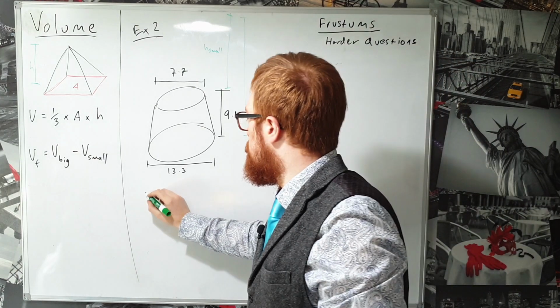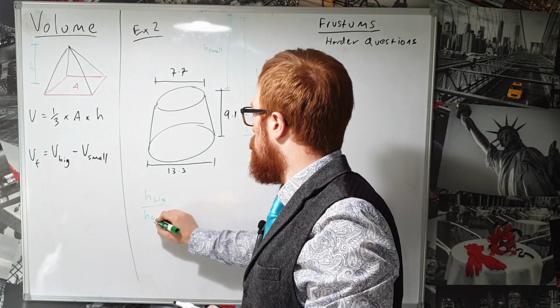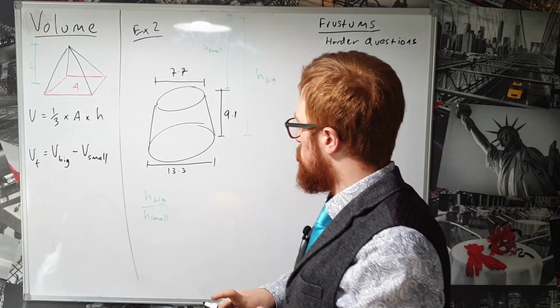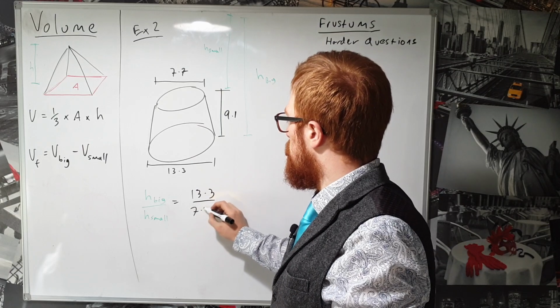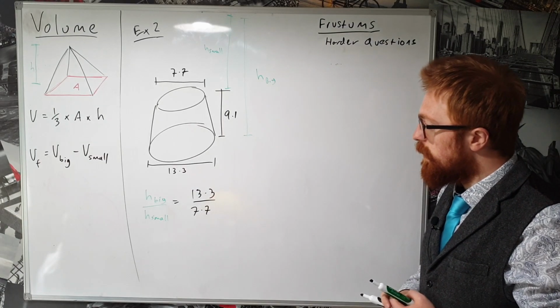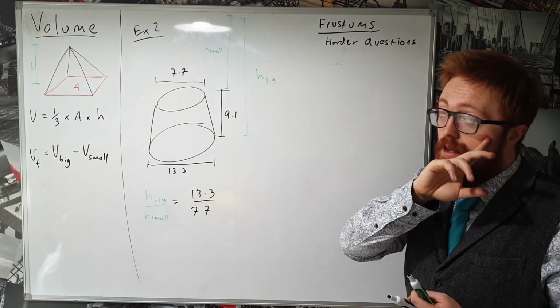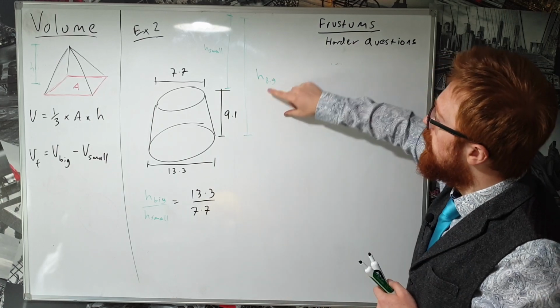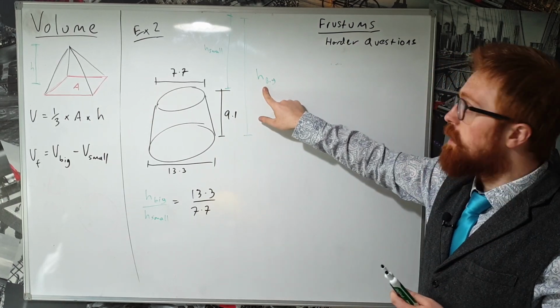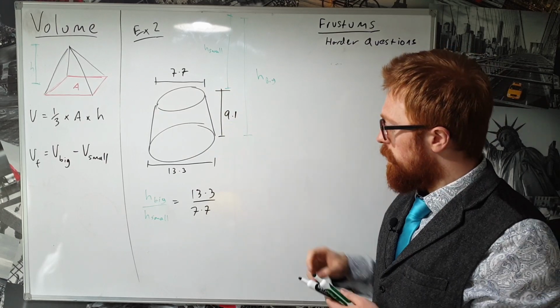So what we know is that h big divided by h small is going to be equal to 13.3 over 7.7. Okay, so that's our first step, and that just comes from the fact that these shapes are similar. Now the next thing we should be able to notice is that h big is just h small plus 9.1.